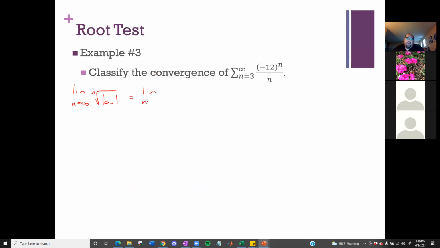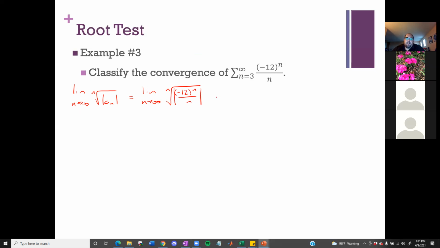This time, the absolute value is actually very important. So the nth root of the absolute value of negative 12 to the n over n.